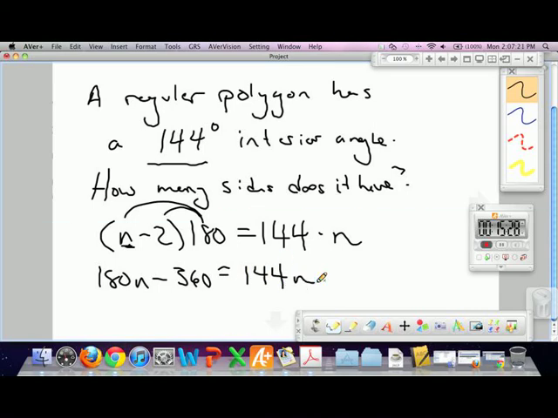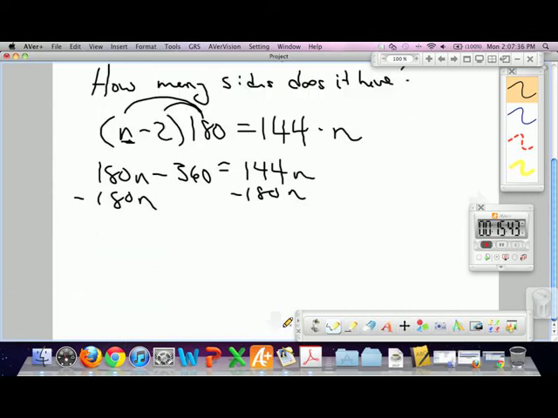You can subtract 180n from both sides. And we end up with what? Negative 360 is equal to negative 36n. So what's n equal?